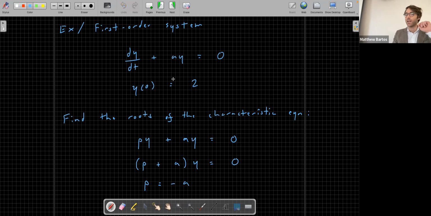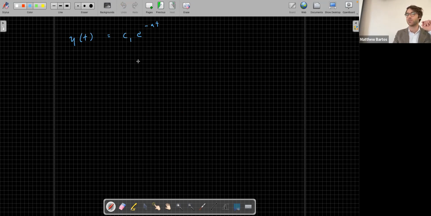We know that y at time 0 has a known value equal to 2. So we'll evaluate this equation at time equal to 0. So we have that y at time 0 is equal to 2, is equal to c1 times e to the negative a times 0. Okay.